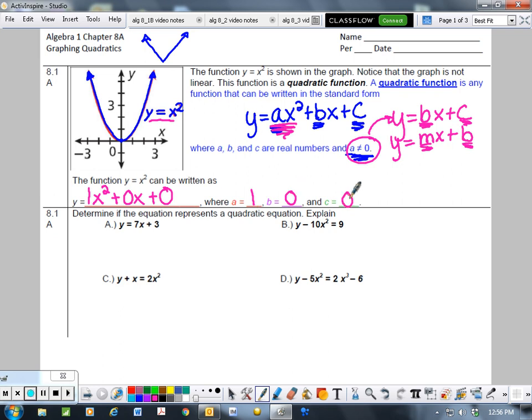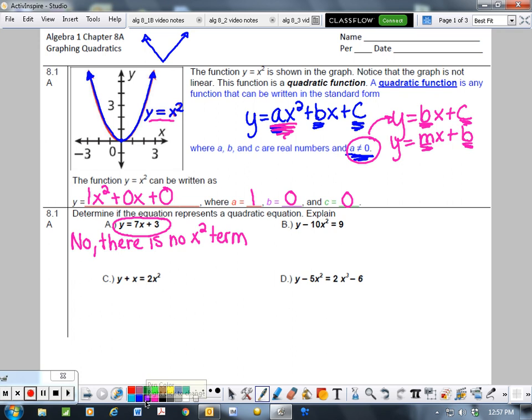And we use this quadratic equation guideline to determine if anything's a quadratic. So when I look at my first problem here, is this a quadratic? Well, no. There is no x squared term. So right now, we could say no, because if it doesn't have the x squared, it is no longer quadratic. It is now just linear.